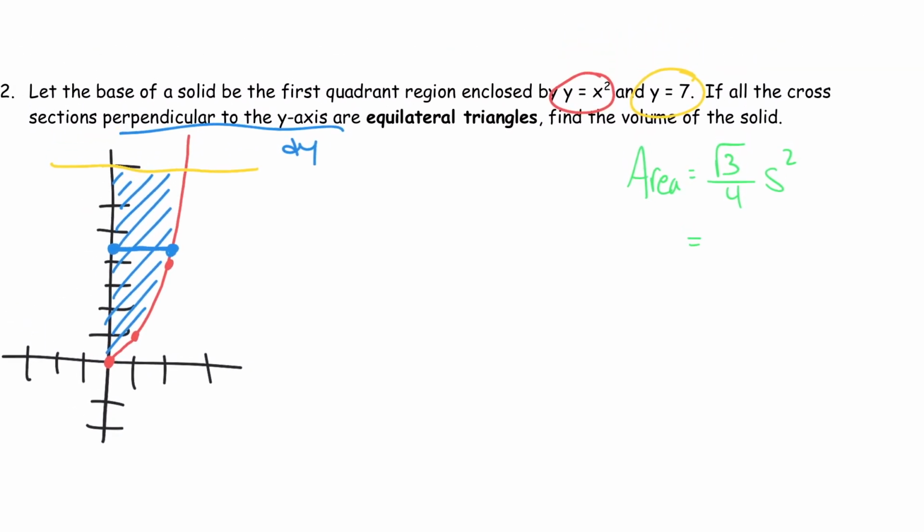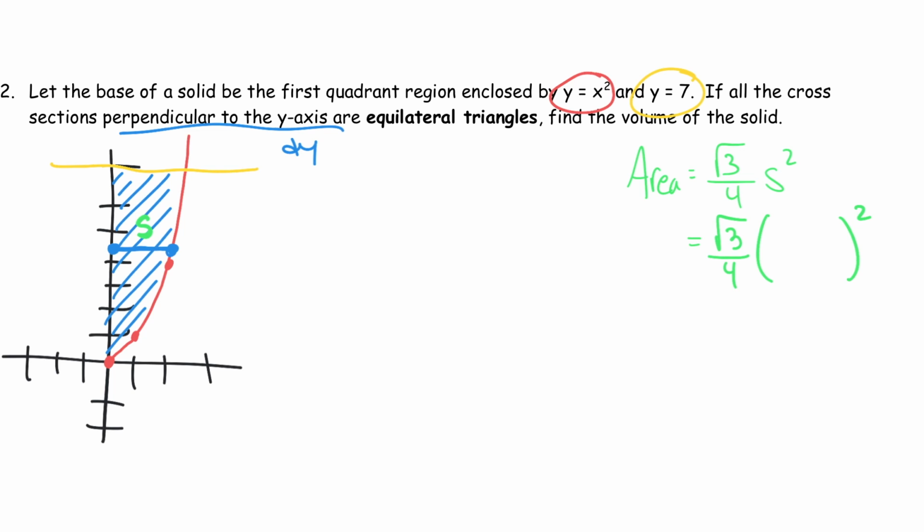So according to our graph over here, s is going to be the distance between the y-axis and our red curve. And remember, when this is with respect to y, dy, we're going to turn our paper to the left and think of top minus bottom.